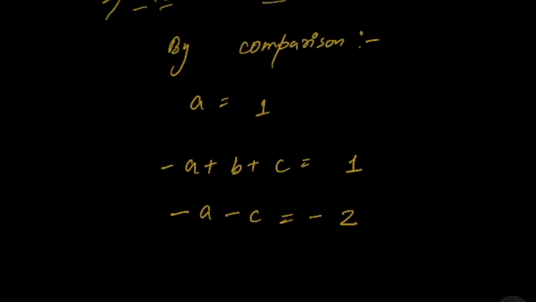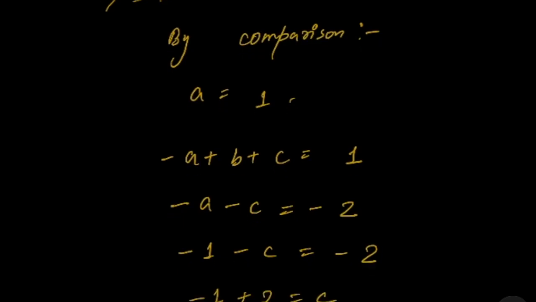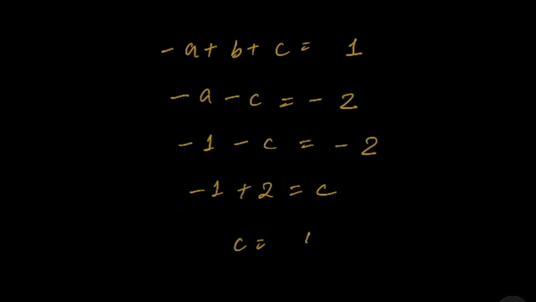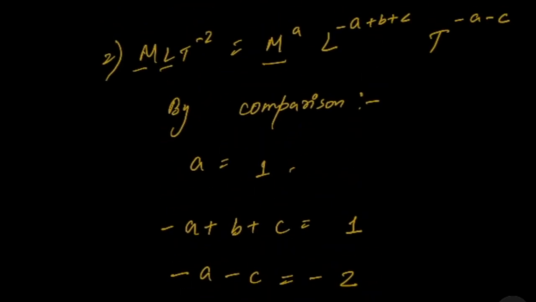We know the value of a, so putting a here, minus c equals minus 2 plus 1, so we get c equals 1. So this is the value of c.